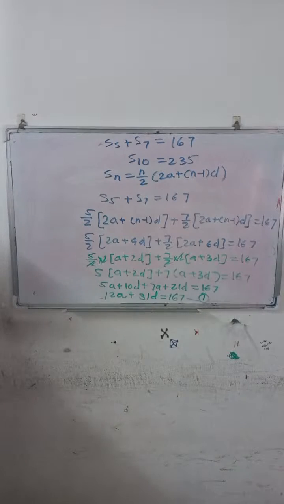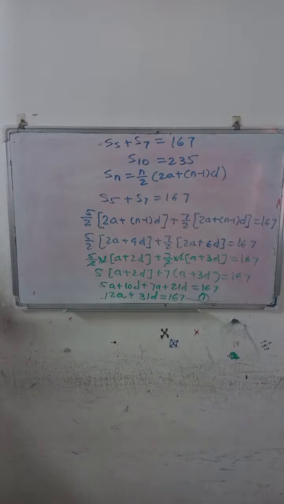So can you get how I did it up to here? But this is not the answer. They are asking for the AP. That means our aim is to find the a and d values. But I got only one equation and they gave the S10 term also. So how can you write S10? S10 is also given.